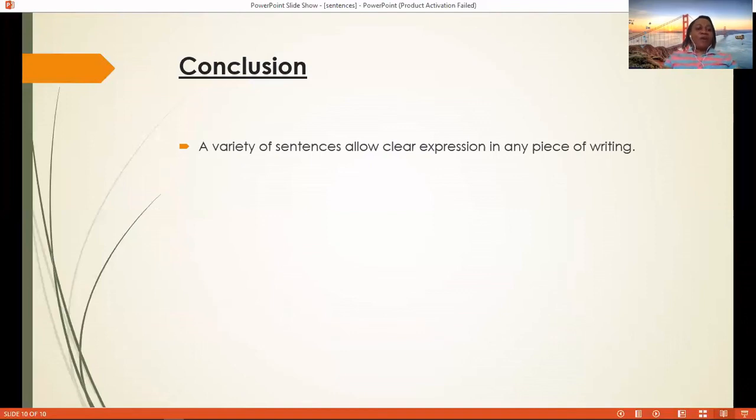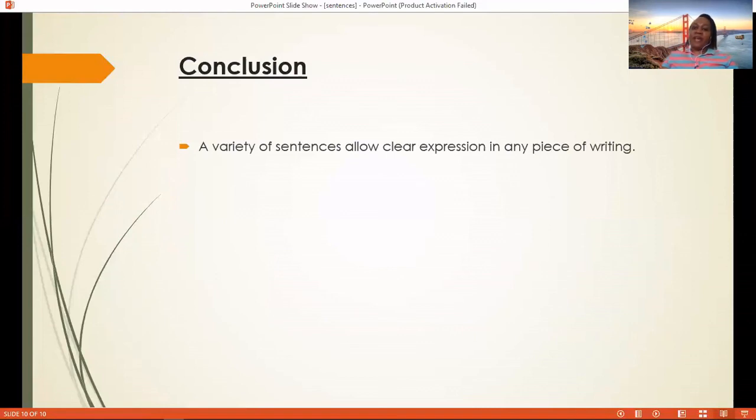Then we come to our conclusion. Right, I want you to notice that a variety of sentences allow clear expressions in any piece of writing. When you write simple sentences, you pace up your writing, or if there is anything urgent you will want to show by short, quick sentences.